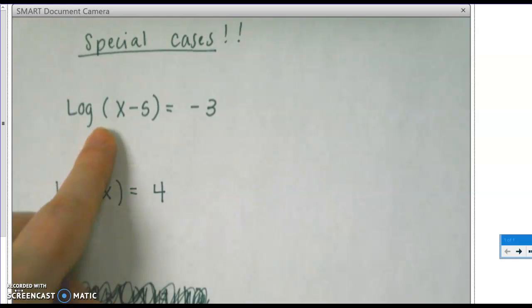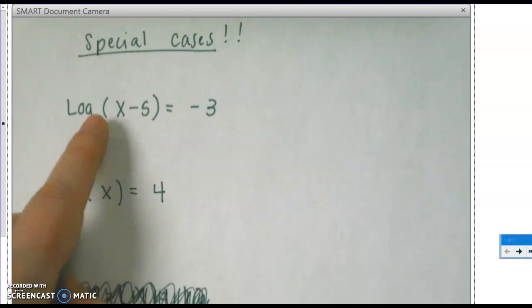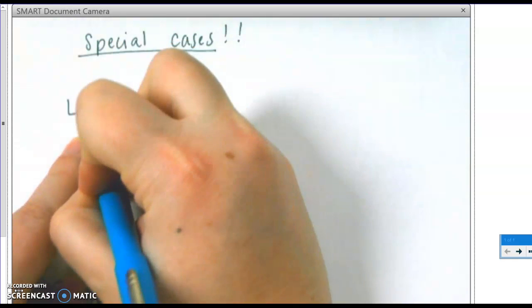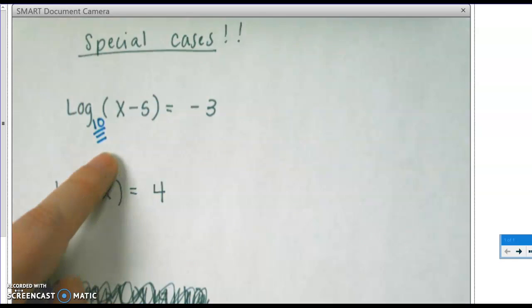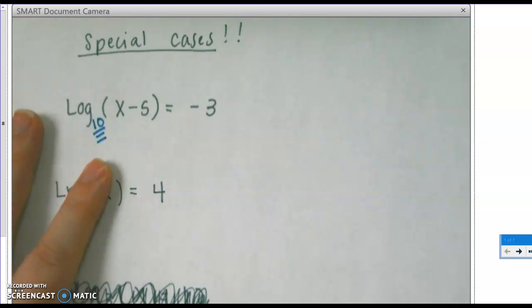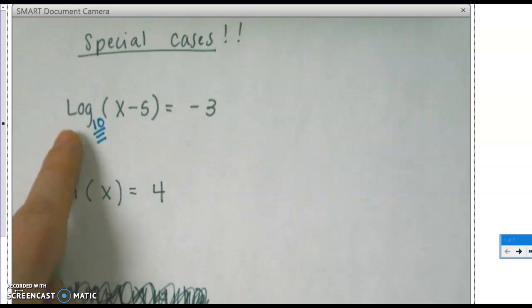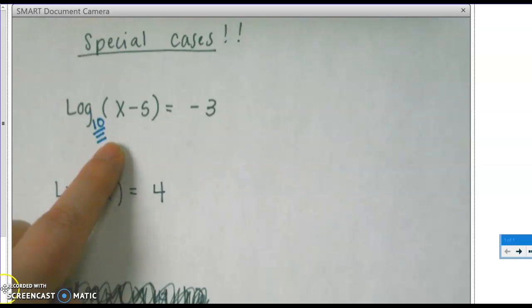All right, so anytime you see just a log and there's no little number down there, that number is a 10. Just like when we write a square root sign, we don't really put the little 2 in the square root symbol. Everyone just kind of knows that that's what it is. So if you see log and you don't see a number for the base, that base is a 10.